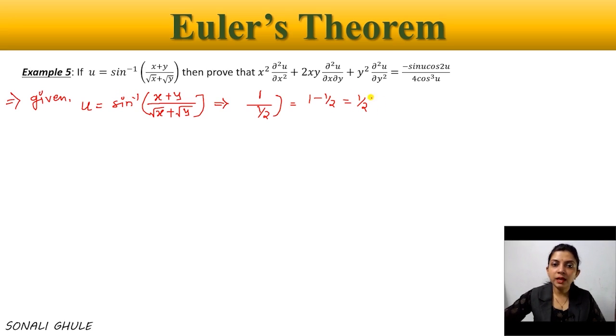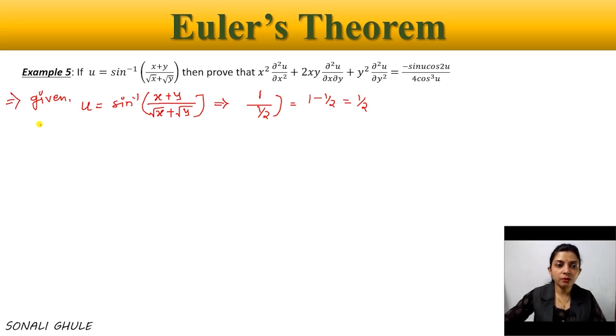If suppose this value is 0, I don't have to transfer this sine inverse to the left hand side. But if this value for n is non-zero, whatever the function, you have to transfer this to the left hand side. And that function will be a homogeneous function of degree, whatever is your answer.